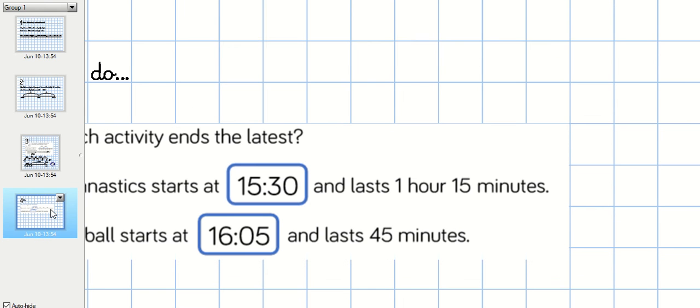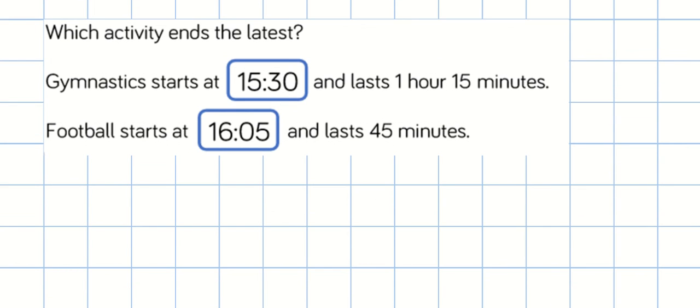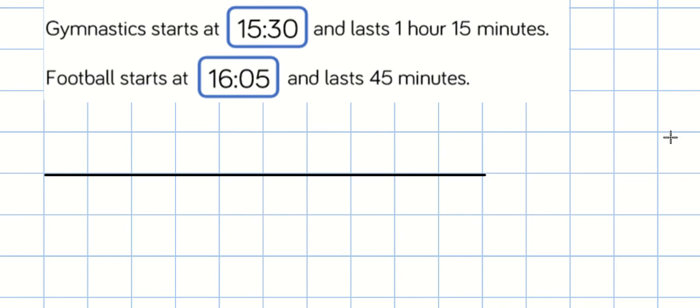Let's have a look at the last question. Which activity ends the latest? Gymnastics starts at 3:30 and lasts 1 hour and 15 minutes, whereas football starts at 4:05.